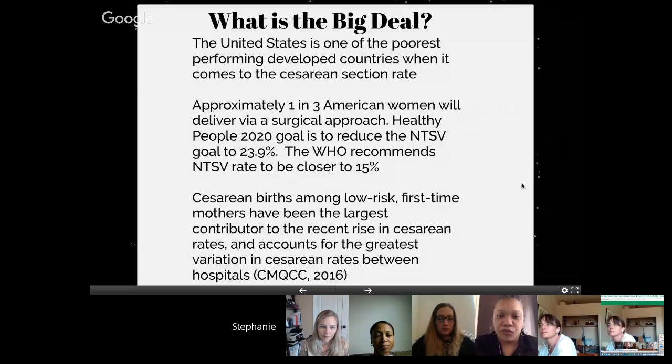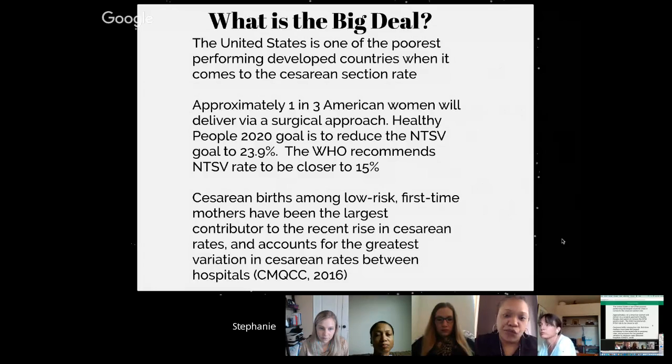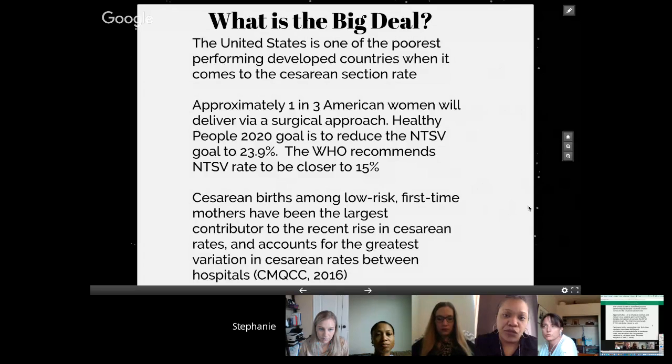Approximately 1 in 3 American women will deliver by way of a C-section. The Healthy People 2020 goal is to reduce the NTSV goal to 23.9%, and the World Health Organization wants the rate to be closer to 15%. The people that we're looking at are low risk, first-time mothers, because those are the numbers that have the greatest variation across hospitals.